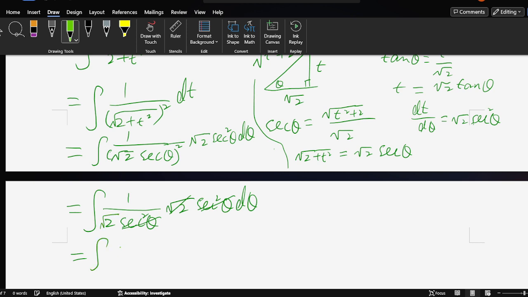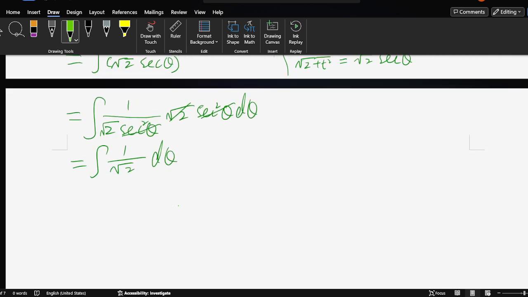So it should be 1 over the square root of 2 d theta. So we integrate this part: 1 over the square root of 2 times theta plus c. I should say that equals theta.